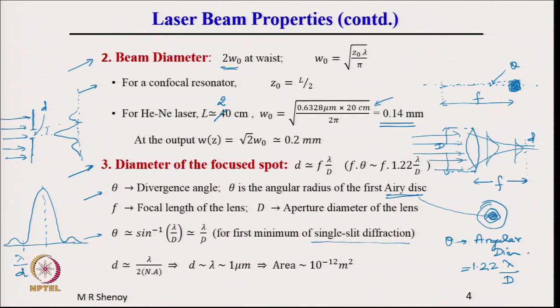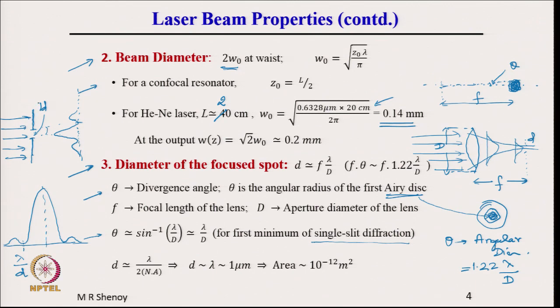This lambda by d is considering the Airy disc; actually it is 1.22 lambda by d, but it is of the order of lambda by d. Here also you see that theta is equal to sine inverse of lambda by D, where D is the diameter of the aperture.